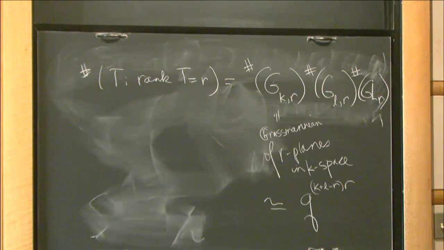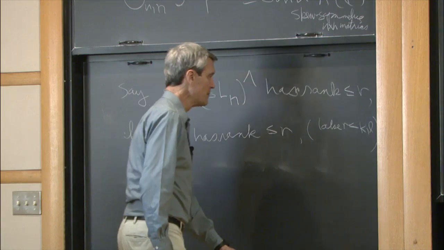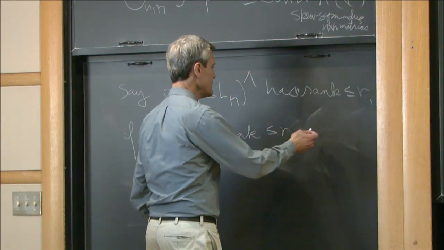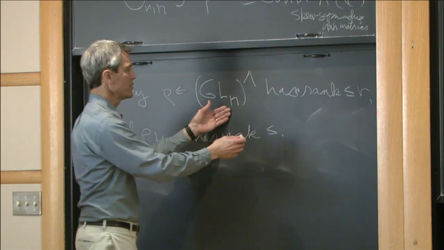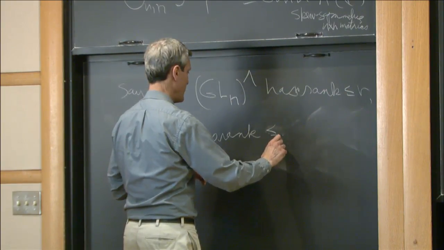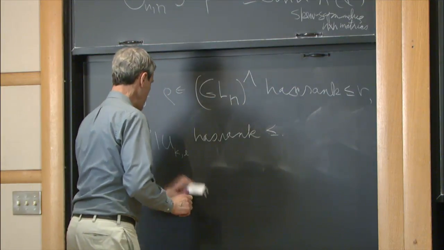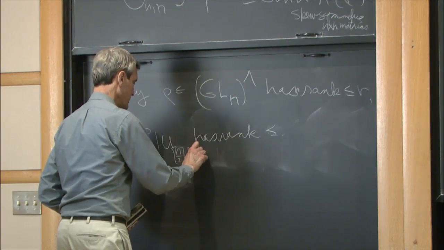And at the moment, I should say, take R less than the minimum of K and L. Otherwise, you don't really learn anything. So I'll take the closest I can come to n over 2, and I'll just say rank less than or equal to n over 2, or n plus 1 over 2.